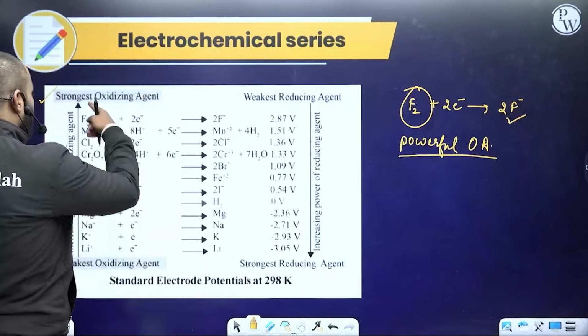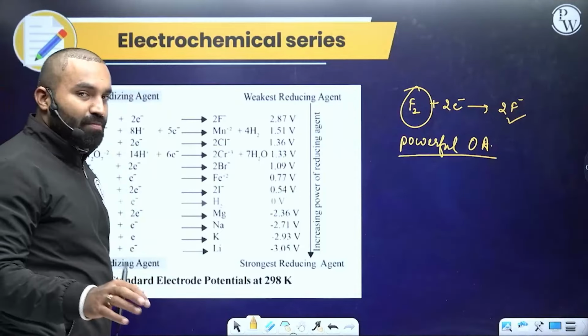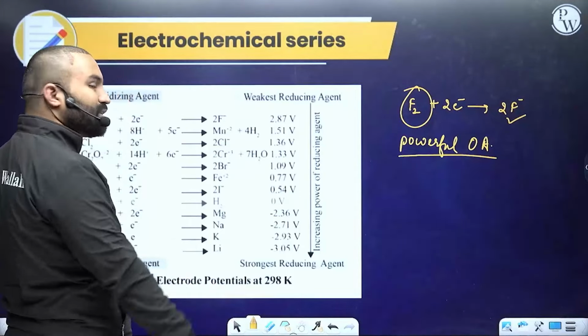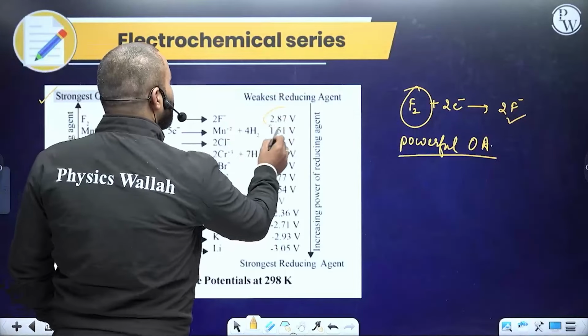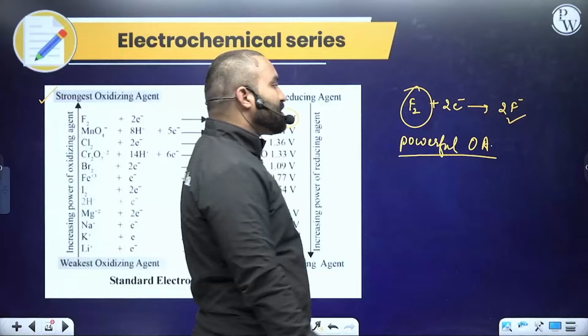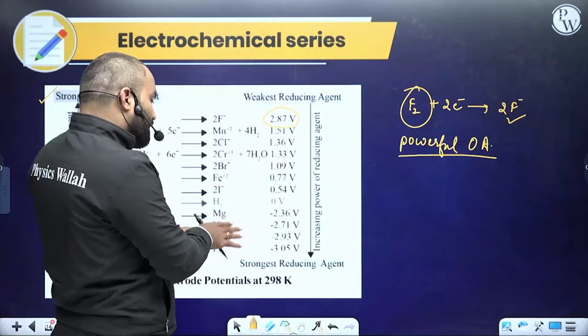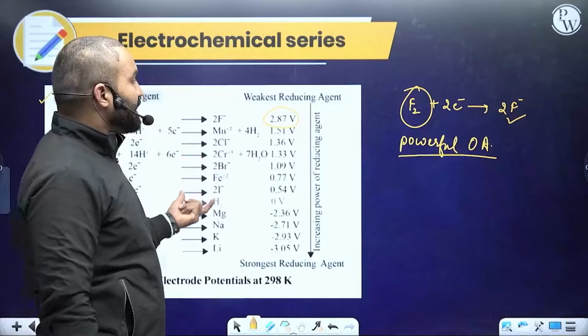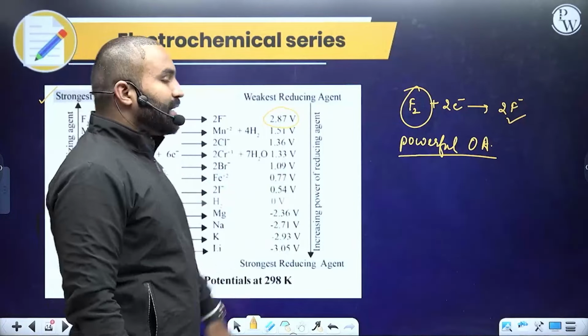So when you move from top to bottom, you are seeing there are metals, and metals are born to lose electrons. And now we can see the potential value here. What is the potential value, guys? This is standard reduction potential. Every potential value that is written down here in the electrochemical series is representing SRP.